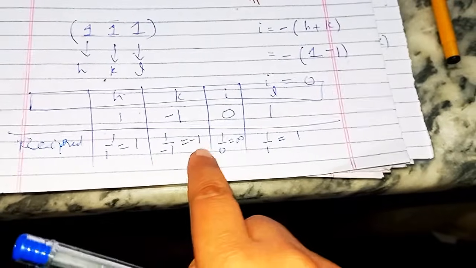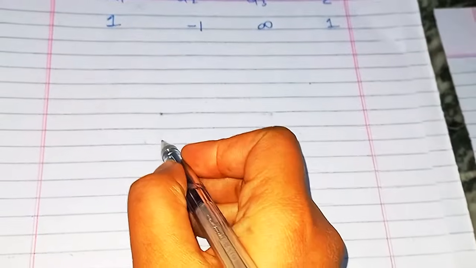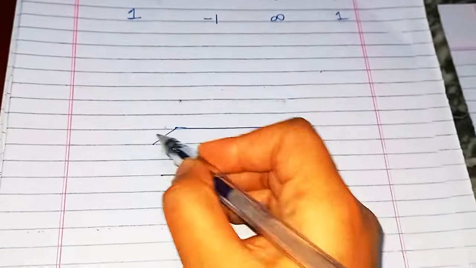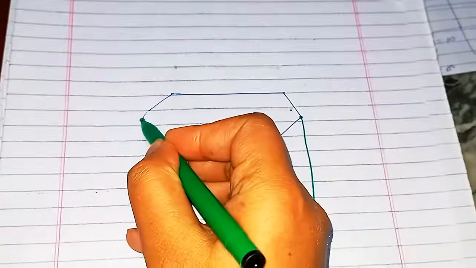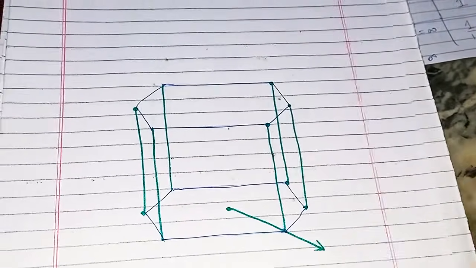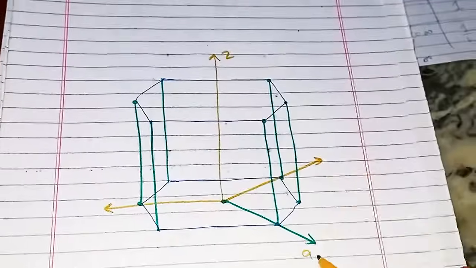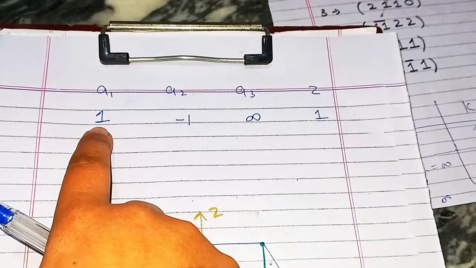So we get 1, -1, infinity and 1. Let's draw this plane now. Now you're pro in drawing the HCP. So the first intercept, the A1 intercept, is 1.